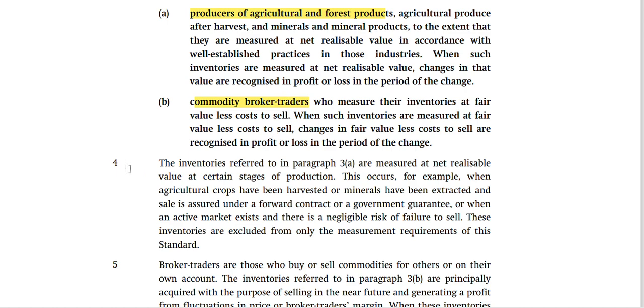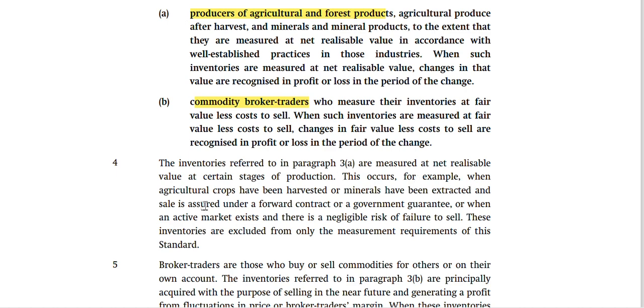Now let us look at paragraph 4. The inventories referred to in paragraph 3a are measured at net realizable value at certain stages of production. So they are stating more details about this paragraph.